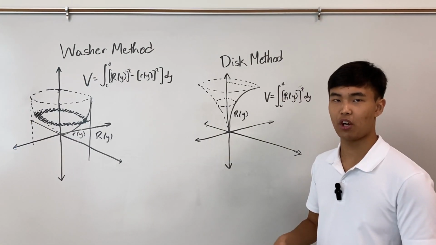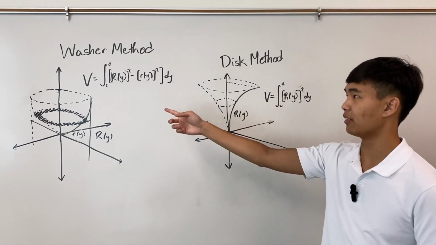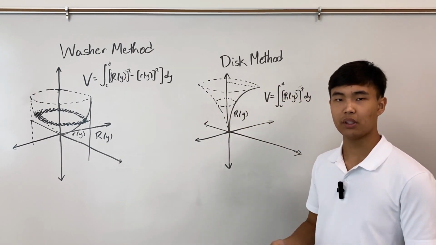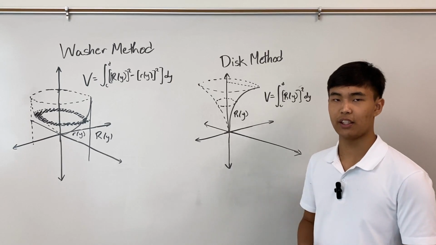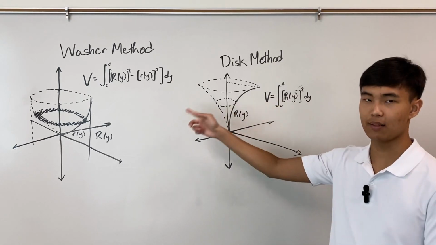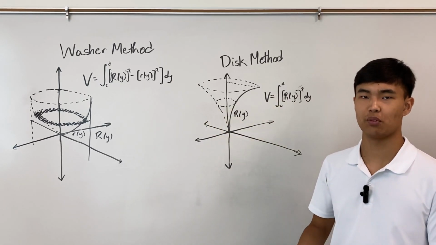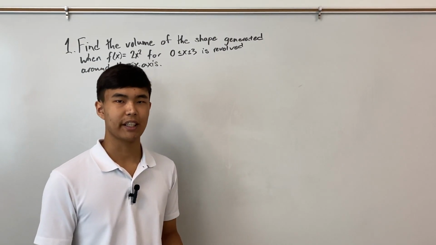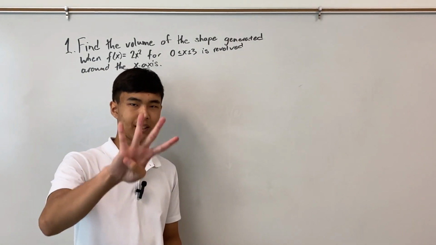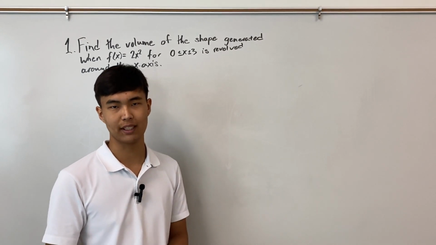Occasionally, you might also be given functions of y and asked to find volumes of solids like these. But if you get that kind of problem, it's not an issue because the formulas are the same in terms of x and in terms of y. Since this is a particularly complex topic, I'm going to do 4 examples for you, 2 washer and 2 disk.